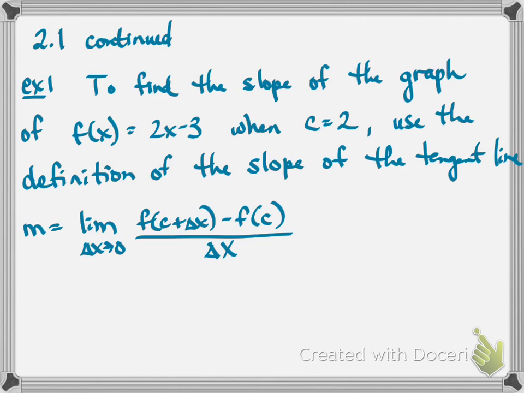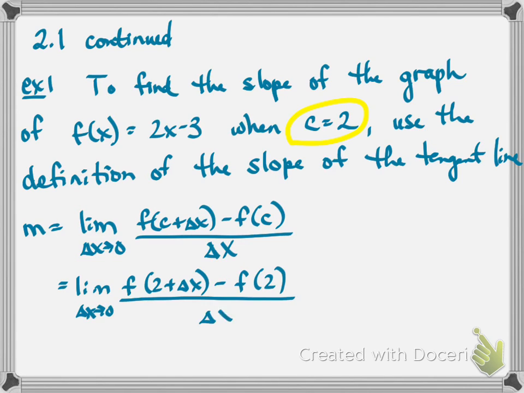So the first step is we're just going to plug in c equals 2. So it's equal to the limit as delta x approaches 0 of f of 2 plus delta x minus f of 2 all over delta x.